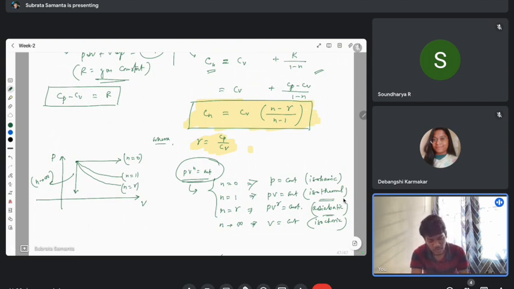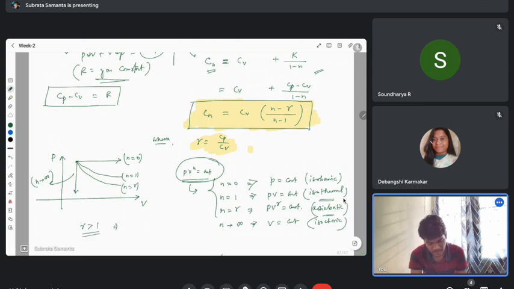Why is n equals gamma steeper? Just take the derivative, del P del V, and we see that the adiabatic process is steeper than the isothermal process, because gamma is always greater than or equal to 1.